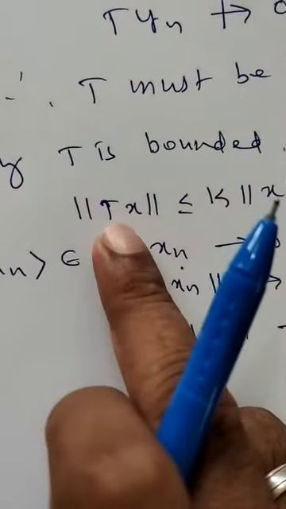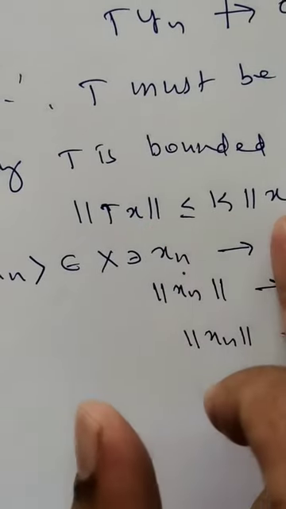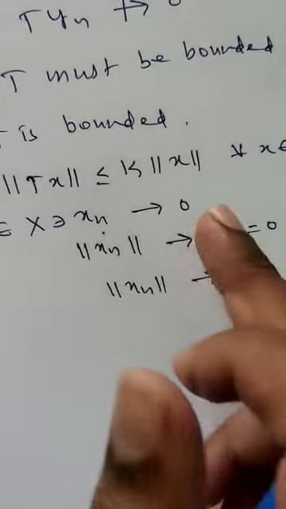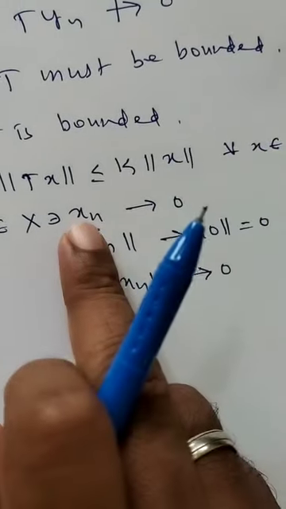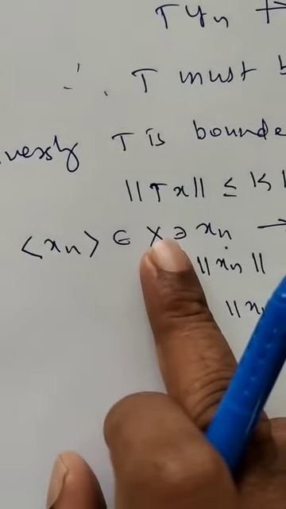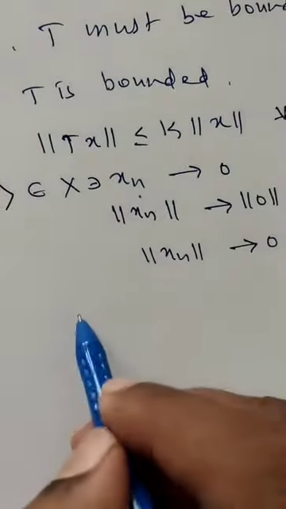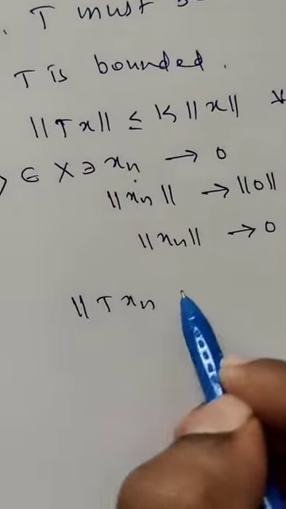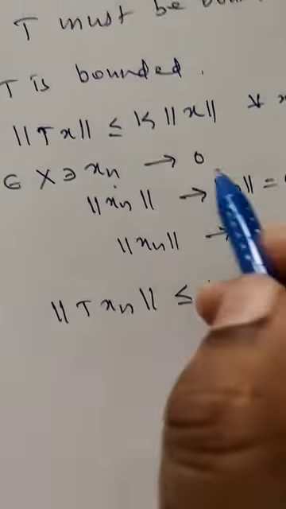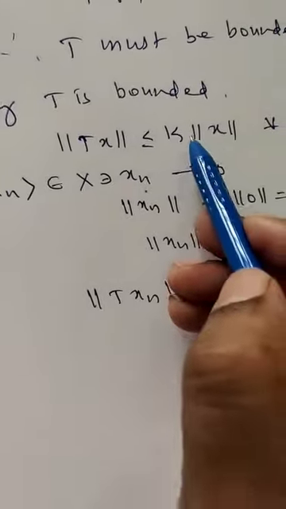But we have assumed that the norm of T of x is less than or equal to K times the norm of x, and this holds for every x, so the xn's are points of X too. Therefore, the norm of T of xn is less than or equal to K times the norm of xn, because T is bounded.